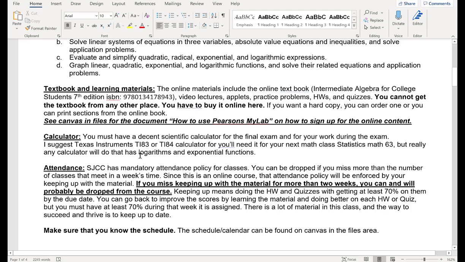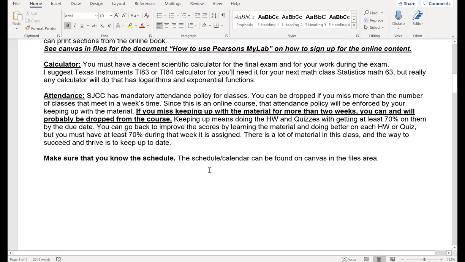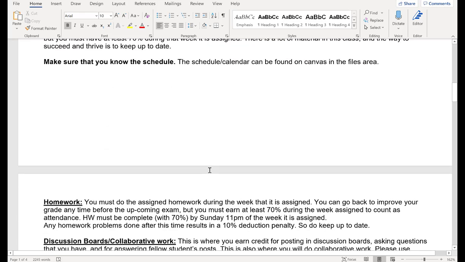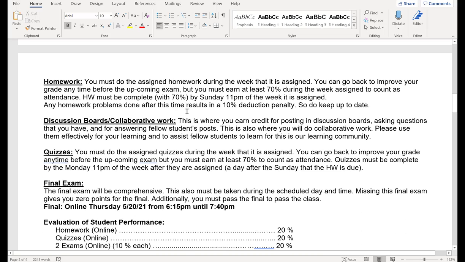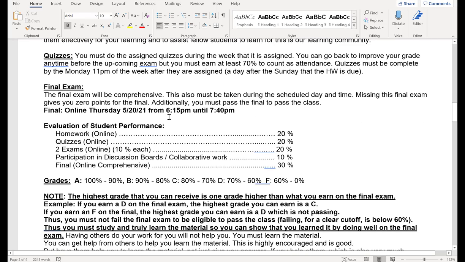If you're going to be taking statistics, a TI 83 or 84 is good. Attendance, you must keep up with the class or I could drop you and probably will drop you. Homework is due each Sunday. Discussions are due each week for the first half of the class. Quizzes are due each week on Mondays. And then we have our final exam.